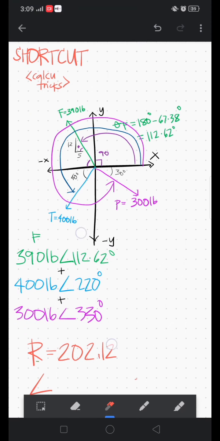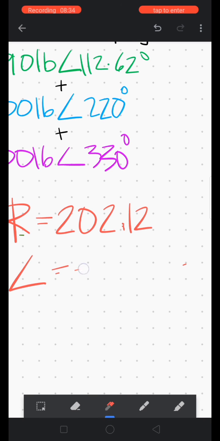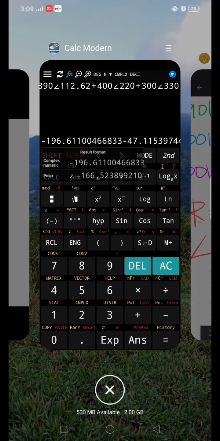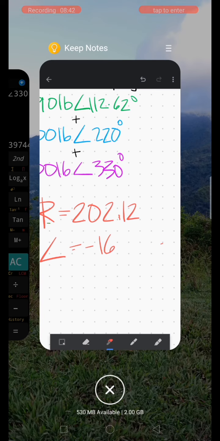What does this mean? Negative 166.52 degrees.